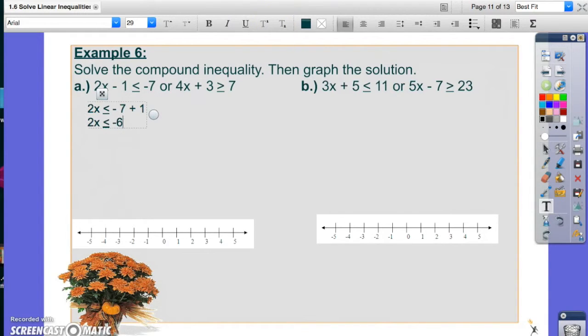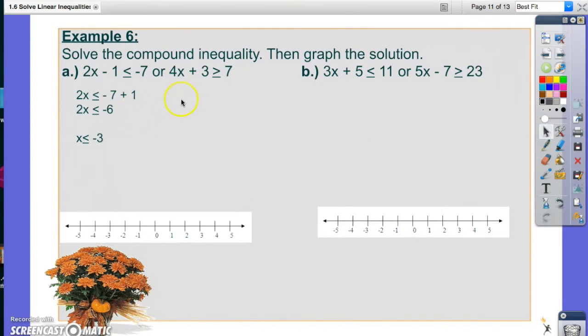Get negative 6. 2x is less than or equal to negative 6. From here, we divide both sides by 2. And I'll write this down here. X is going to be less than or equal to negative 3. All right. So that's the first one.